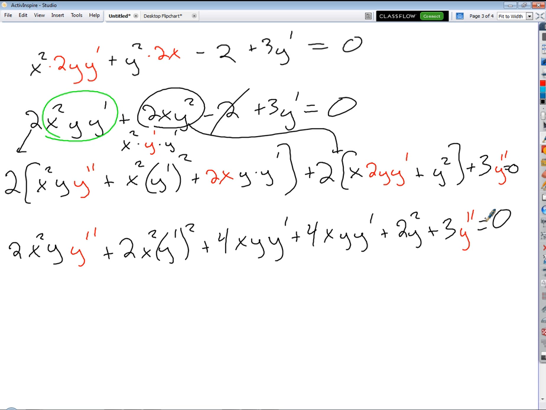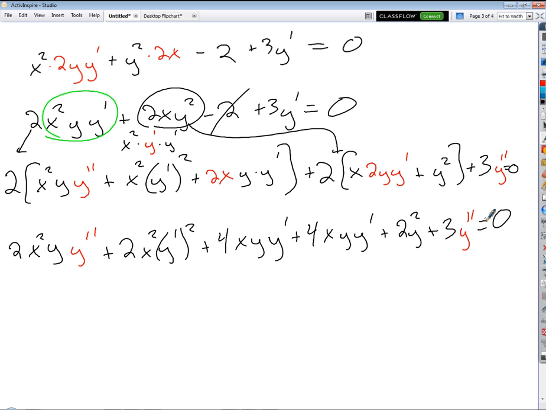Then all we have to do is pull the y primes to the left, subtract everything else to the right, divide by what's left over. When we're done, we're going to get y prime in terms of x's, y's and y primes.